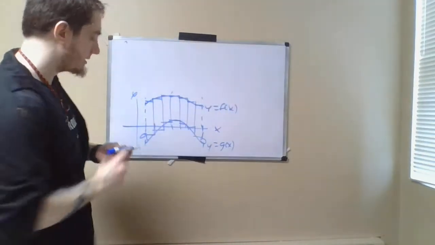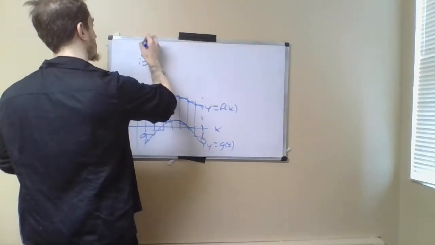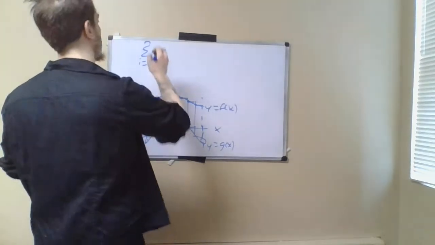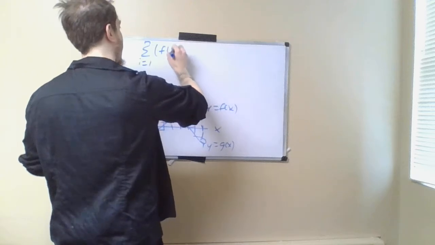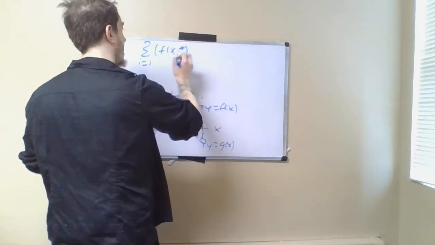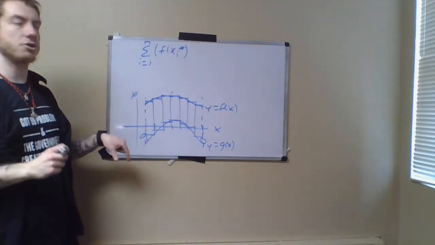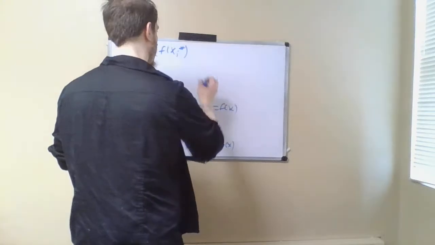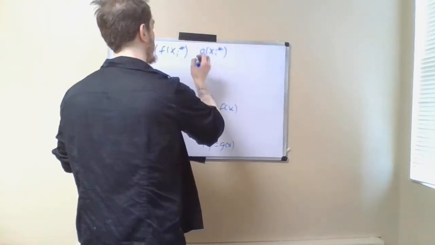The answer is that it is going to be the sum from i equals 1 up to n of the top of this rectangle, which is f evaluated at x_i star, where x_i star is some point in the ith interval here, and the bottom of the rectangle is going to be g evaluated at that same point.